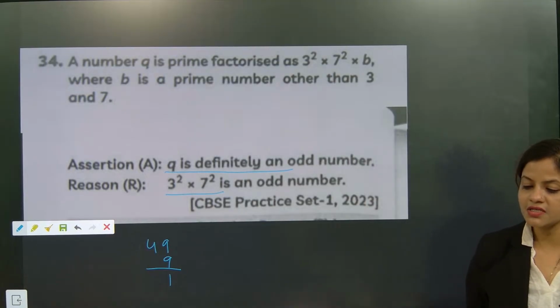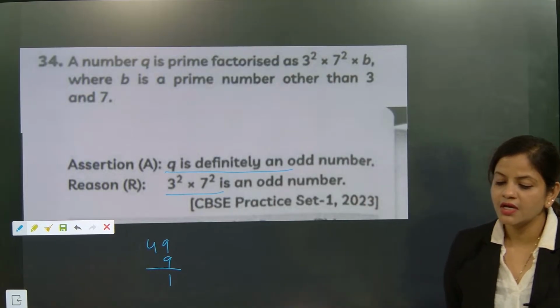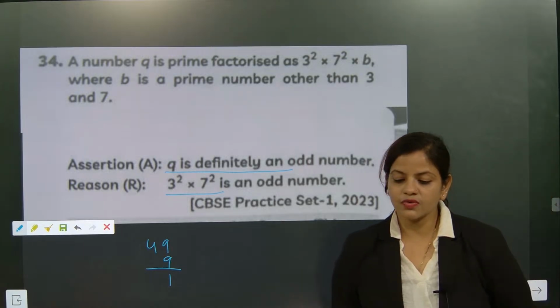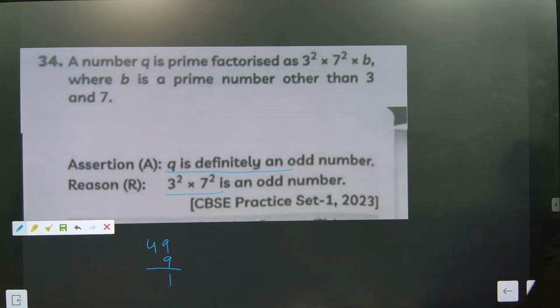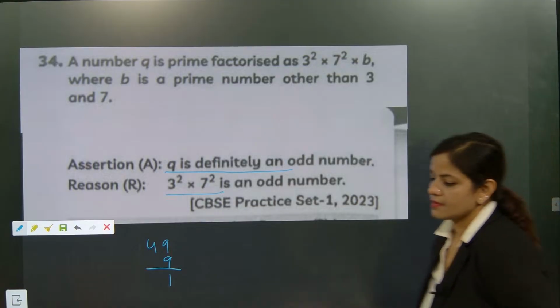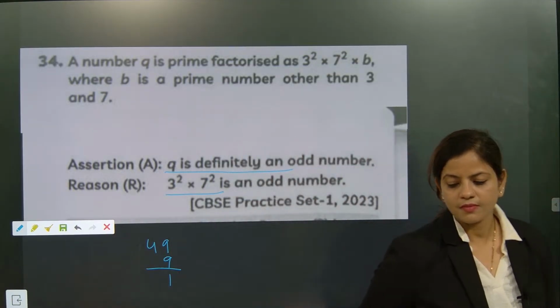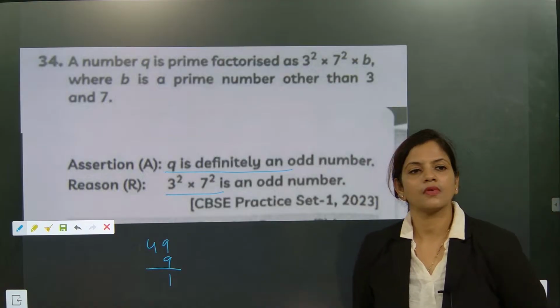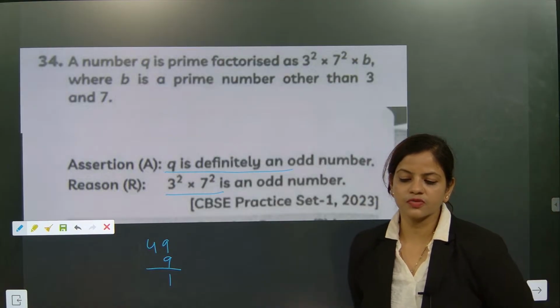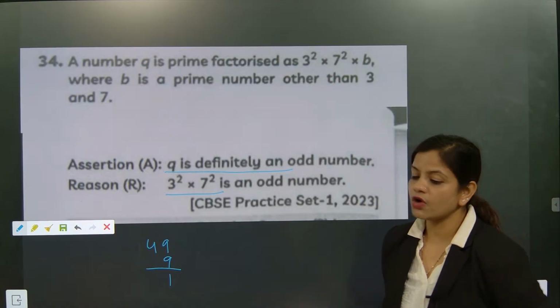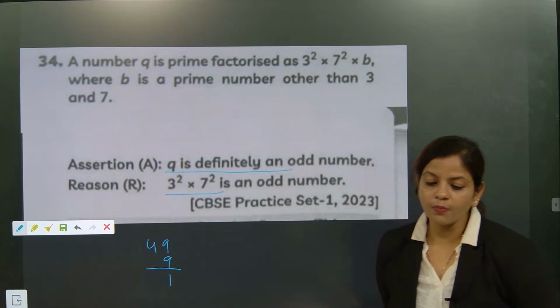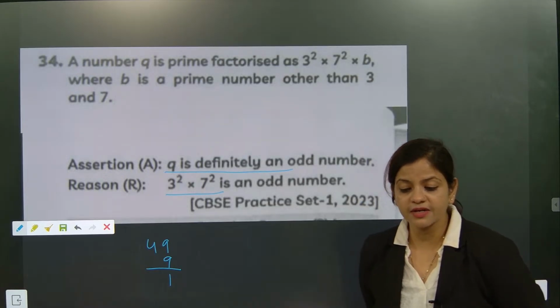You need to understand this one. I hope you might have understood this one. So that means A is false. Now I hope everybody understood that the A statement is false.